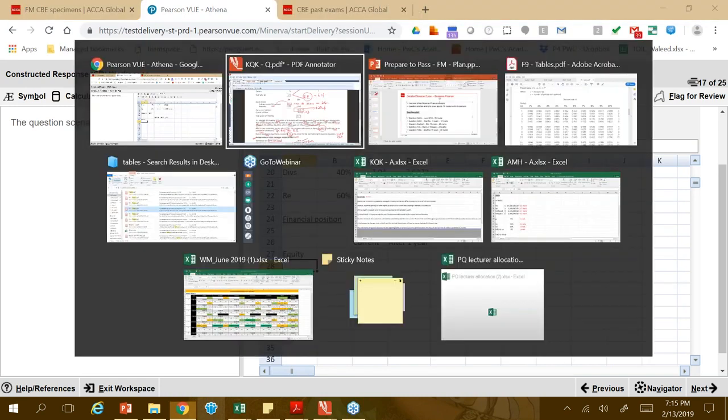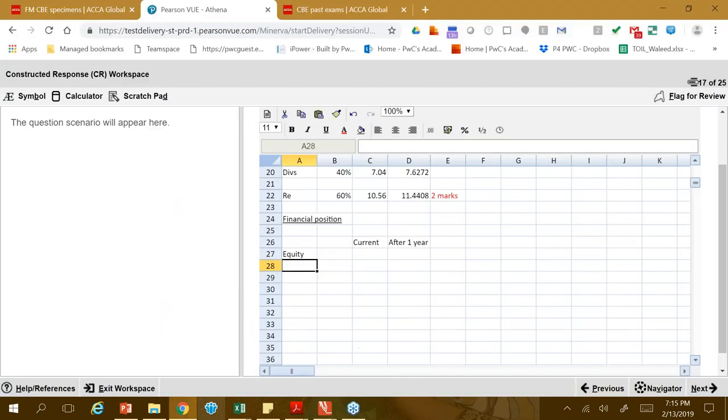We have the shares and the reserves. Equity, so share capital, reserves, total equity. Then we have non-current liabilities. We have current liabilities, and then the total equity plus the liabilities.